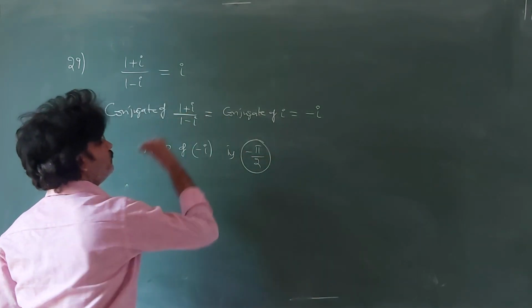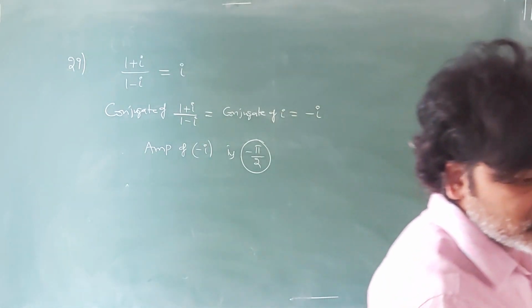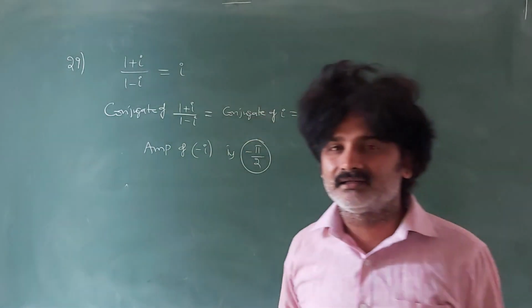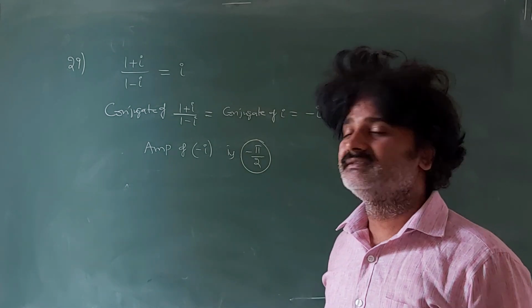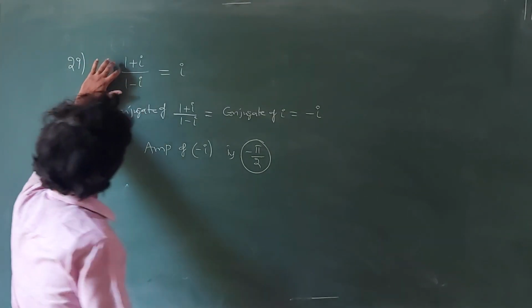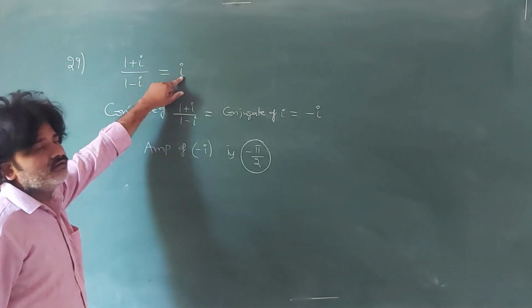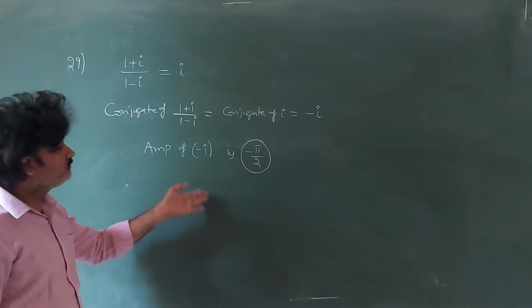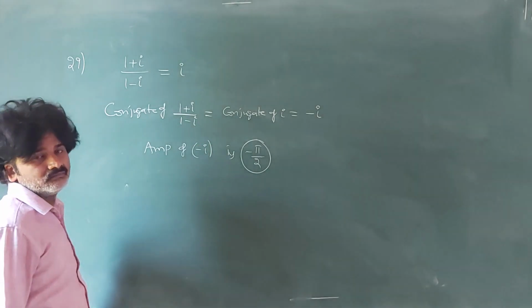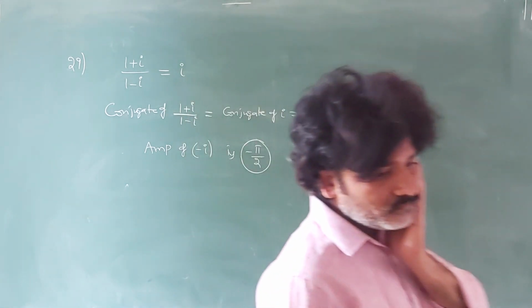Right, minus pi by 2. So its argument is minus pi by 2, which is not given there. Please correct it, there is a printing mistake. Here first I simplified, because I know this value is I. Its conjugate will be minus I, so simply the amplitude is minus pi by 2. Okay, right. Next.